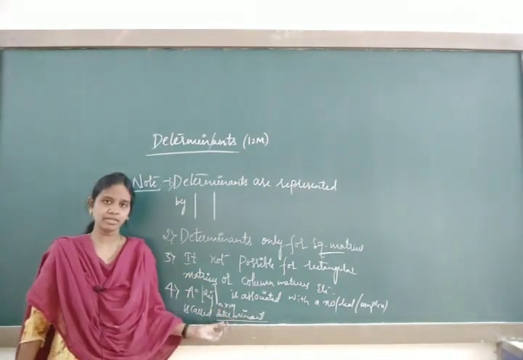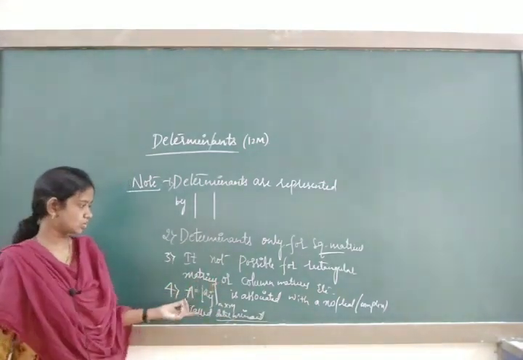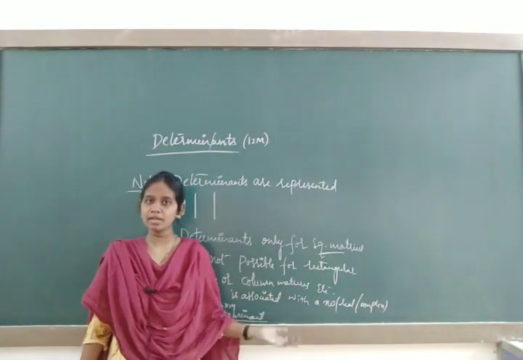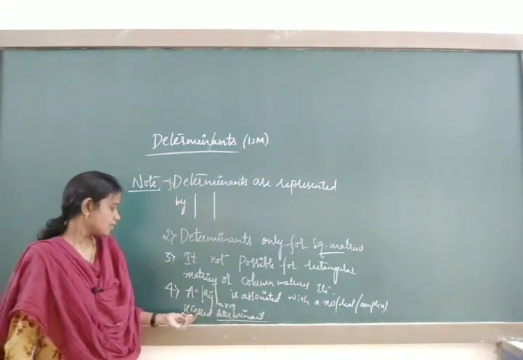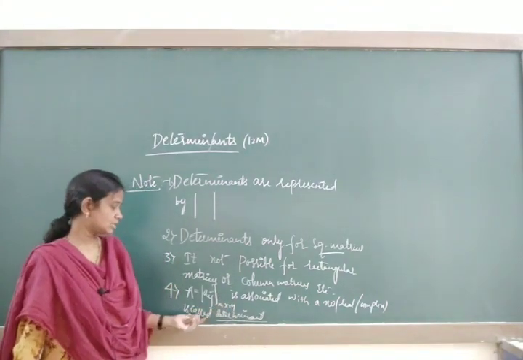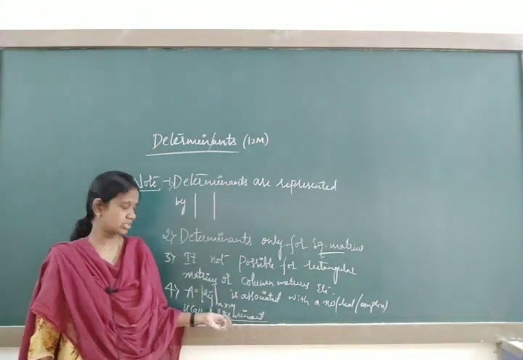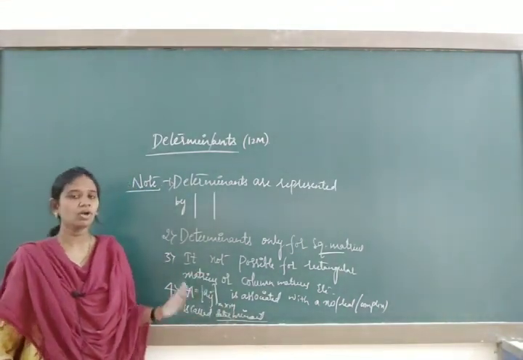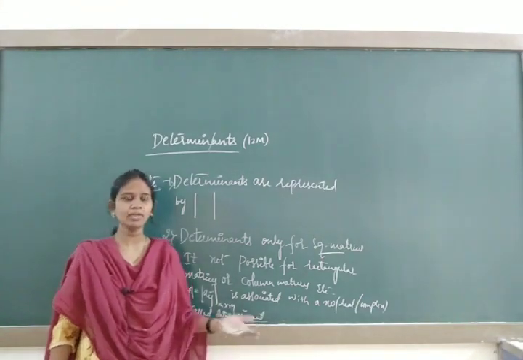So whatever the matrix is, if it is associated with some number, either a real number or a complex number, with the help of expansion, then such a number is called a determinant.